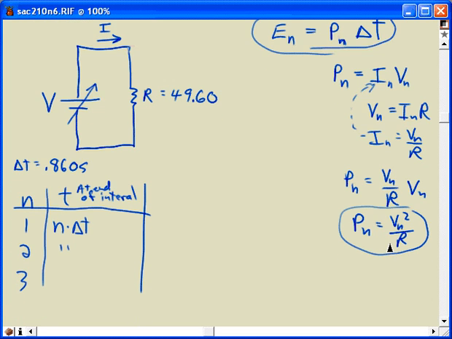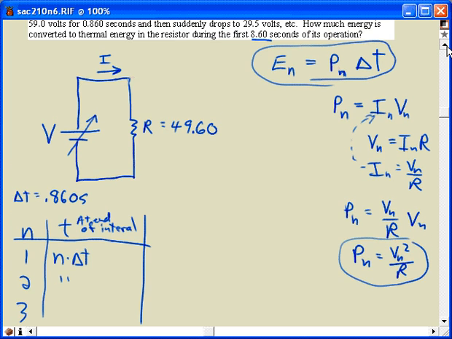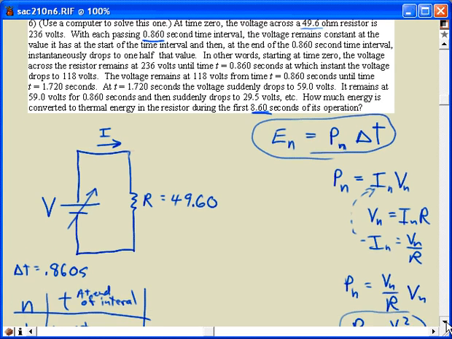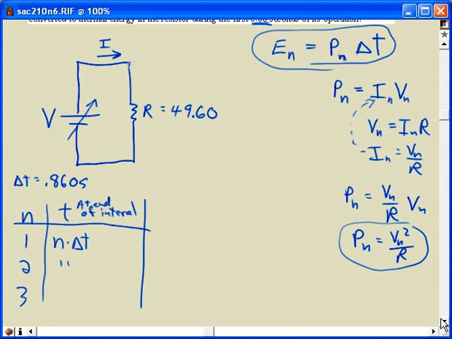So I think all we've got to do is add up all the energies for each of the first 10 time intervals up till 8.6 seconds, and we'll have the answer. So let's continue on with this chart. This is T sub n, the time at the end of the interval.